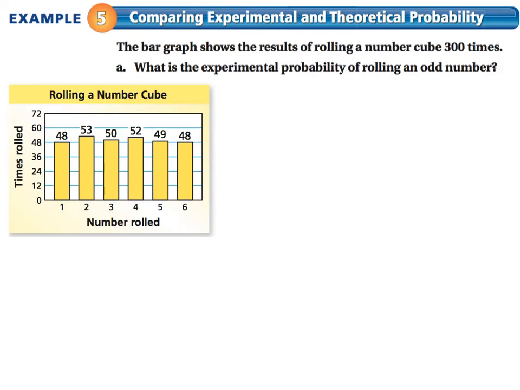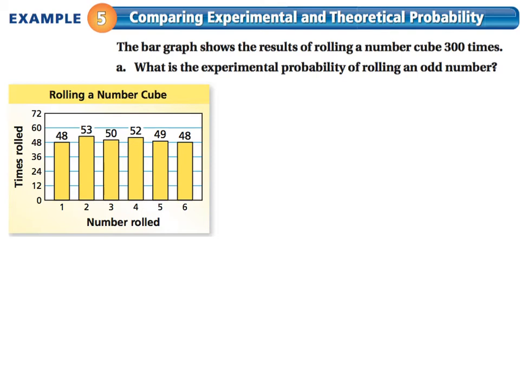In example 5, we're going to compare theoretical and experimental probability. Now, this bar graph shows the results of rolling a number cube 300 times. Obviously, if you're rolling a number cube 300 times, you have a lot of time on your hands. So what is the experimental probability of rolling an odd number?